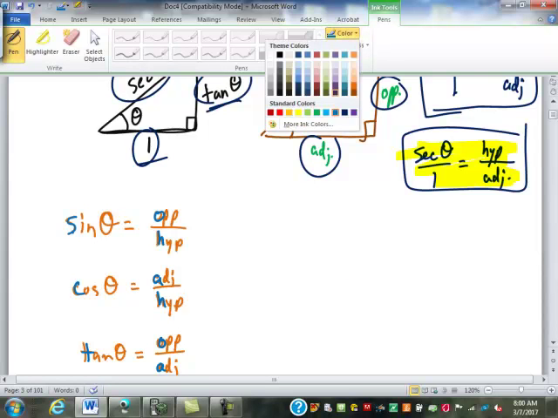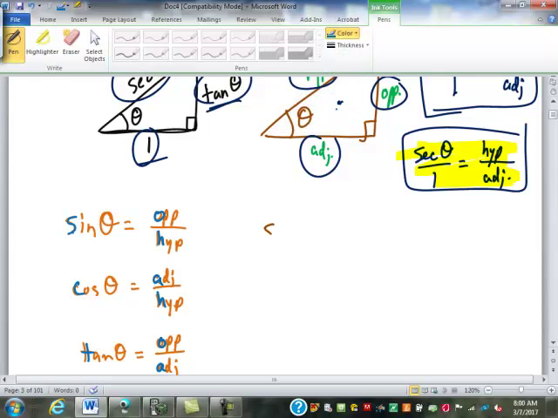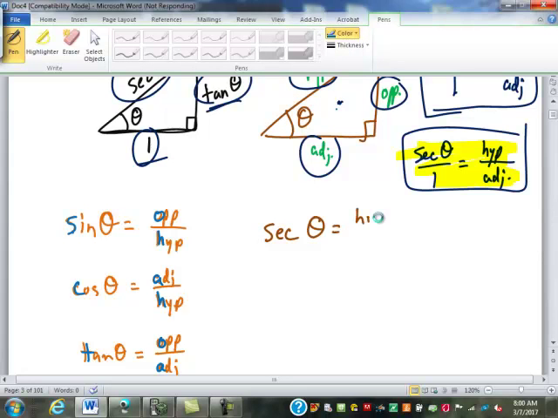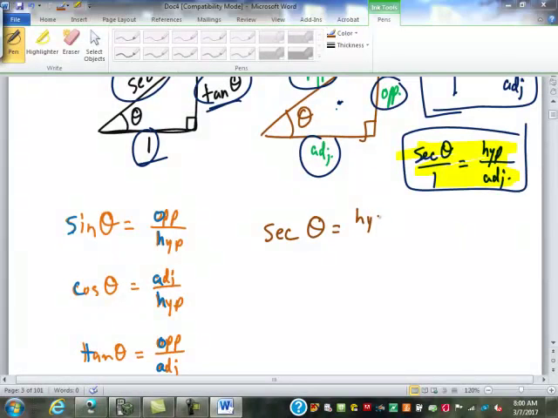The trig functions you're probably not familiar with: we define the secant as hypotenuse over adjacent. I didn't draw the triangles in because my circle was getting cluttered, so I'm just going to give you these.